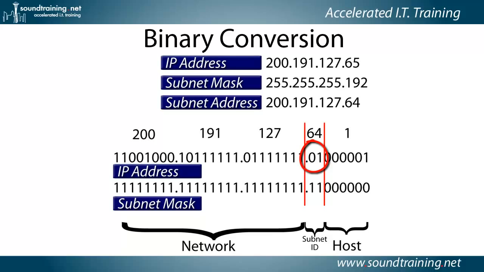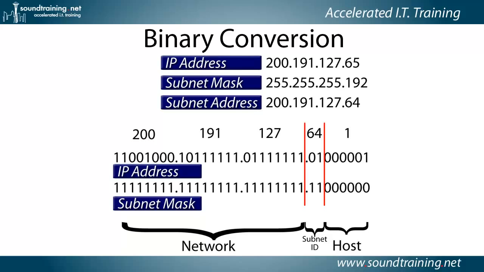Therefore, the value of the bits between the 2 lines is 64, and that is our new entity called a subnet ID. Now, the subnet ID you can really think of as just a subnetwork. In fact, that's where the term subnet comes from. It comes from the subnetwork of the larger network. Now our host ID in this case is 1. We add 1 to 64 to get the fourth octet value of 65.